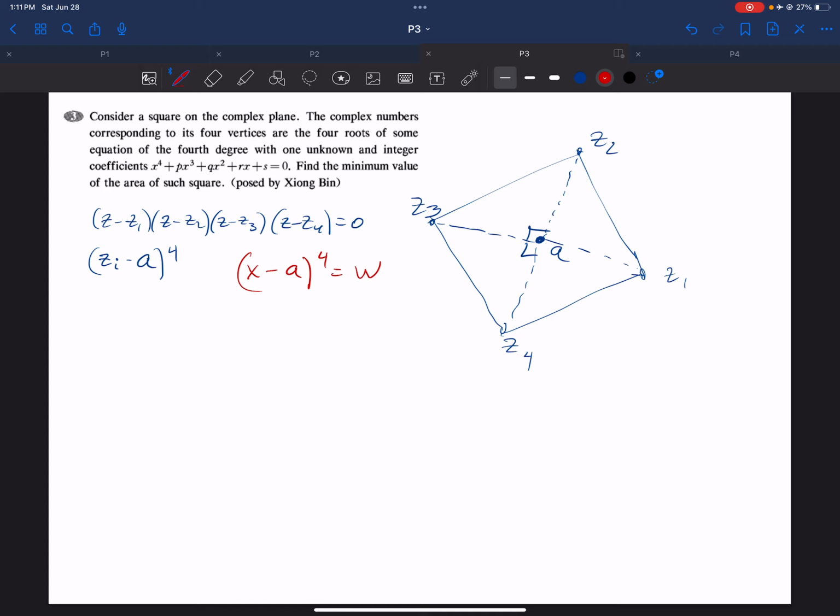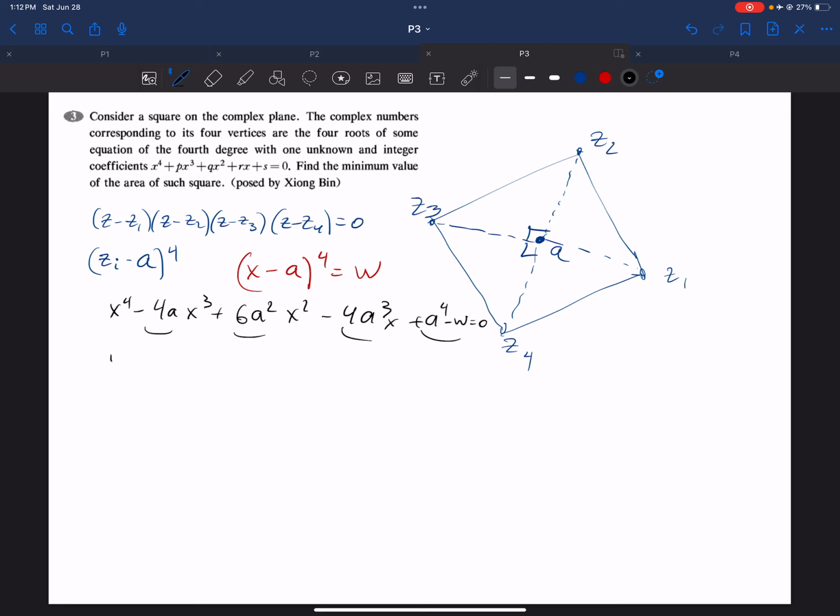And now we know that x to the fourth minus 4a x cubed plus 4 choose 2 is 6a squared x squared minus 4a cubed x plus a to the fourth minus w equals 0. And according to our problem, all these coefficients are integers.